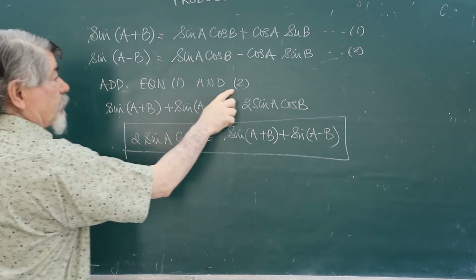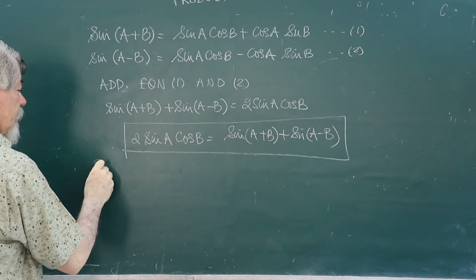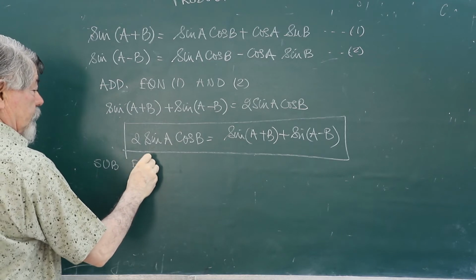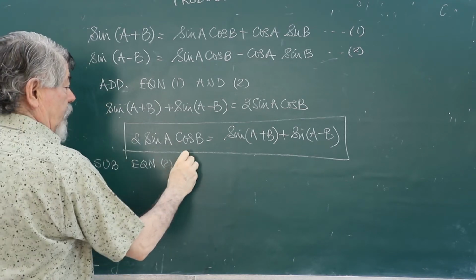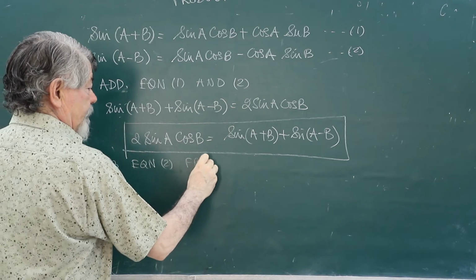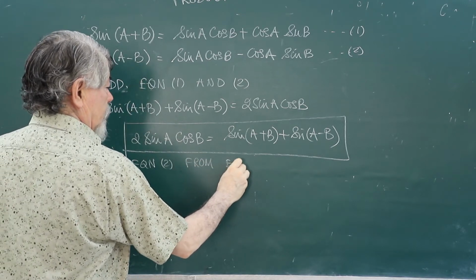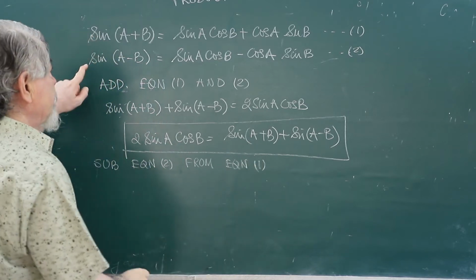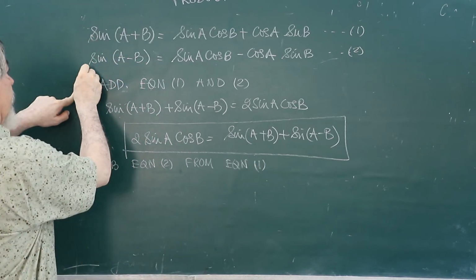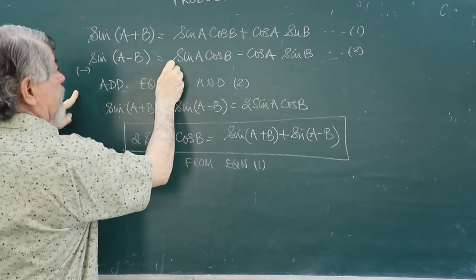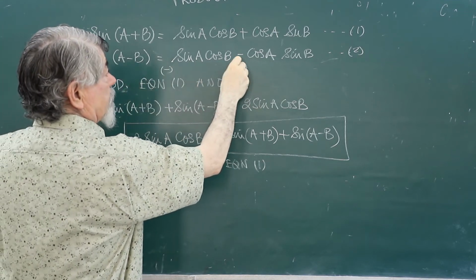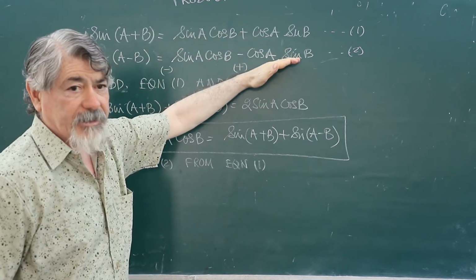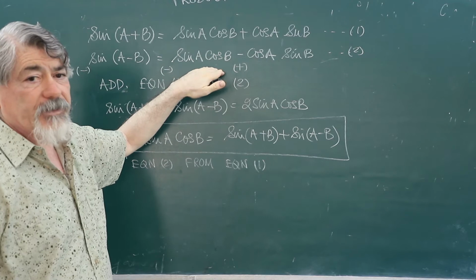Like we did add equation 1 and 2, now I will subtract equation 2 from equation 1. When I subtract, signs would change. It would become minus here, minus here, and plus here. So instead of cos A sine B cancelling, now sine A cos B will cancel.